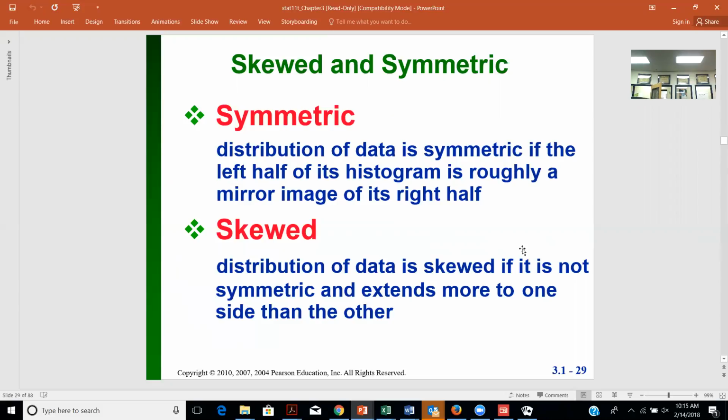Remember, there were ranges here of 60 beats per minute to 69.9, etc. I'm going to round everything off to make it a little bit easier for me to draw it out. A range of 60 to 69.5.